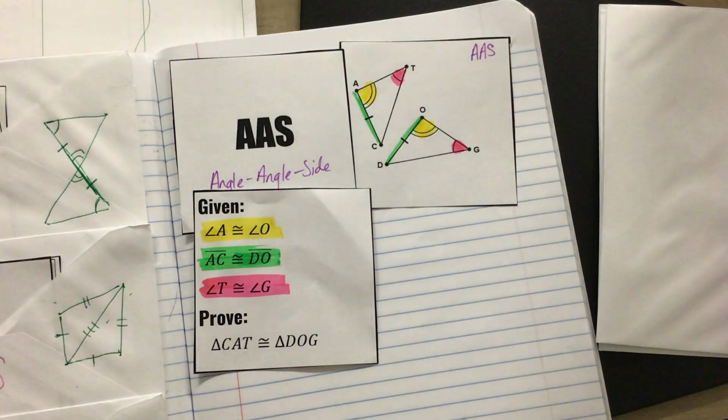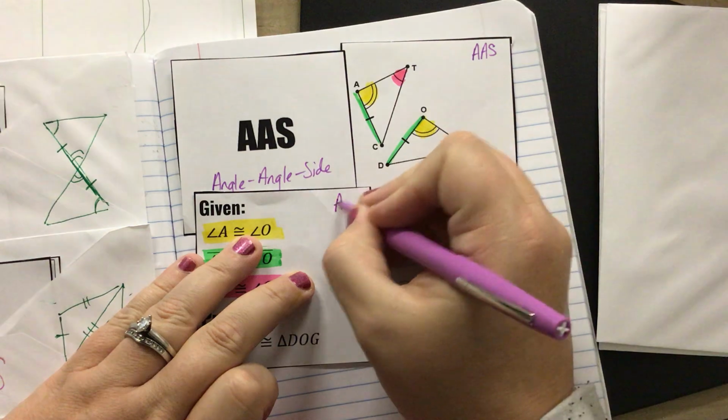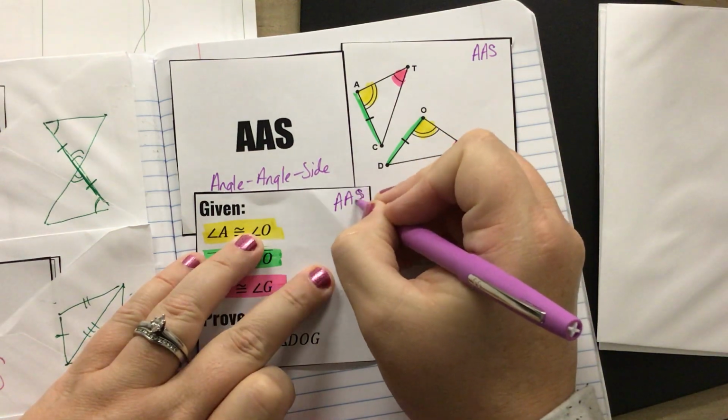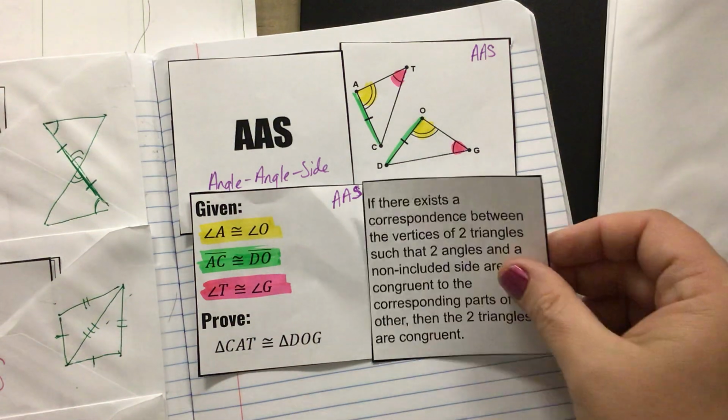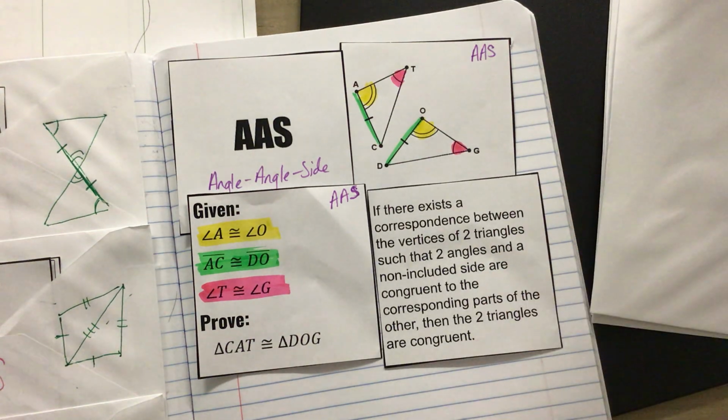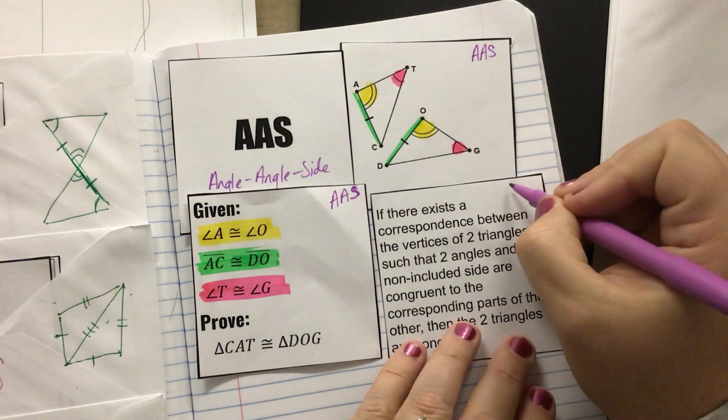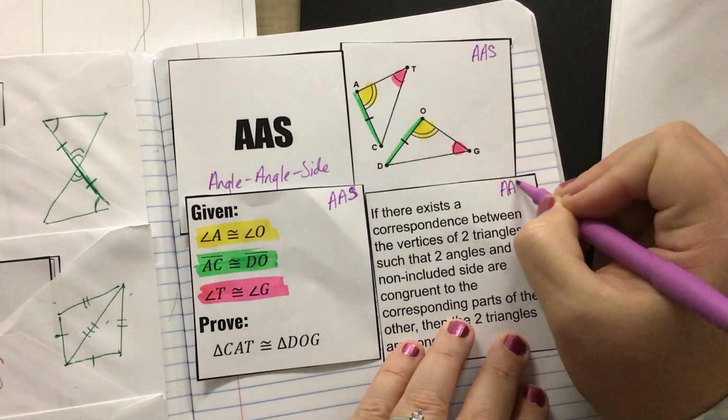The last thing we're going to do, so I'm going to write angle, angle, side in case I get them mixed up here, is find the wording that goes with this one. So I want two angles and a non-included side. So this one should be a little easier to find because we're using up cards. We don't have all of them to sort through anymore.